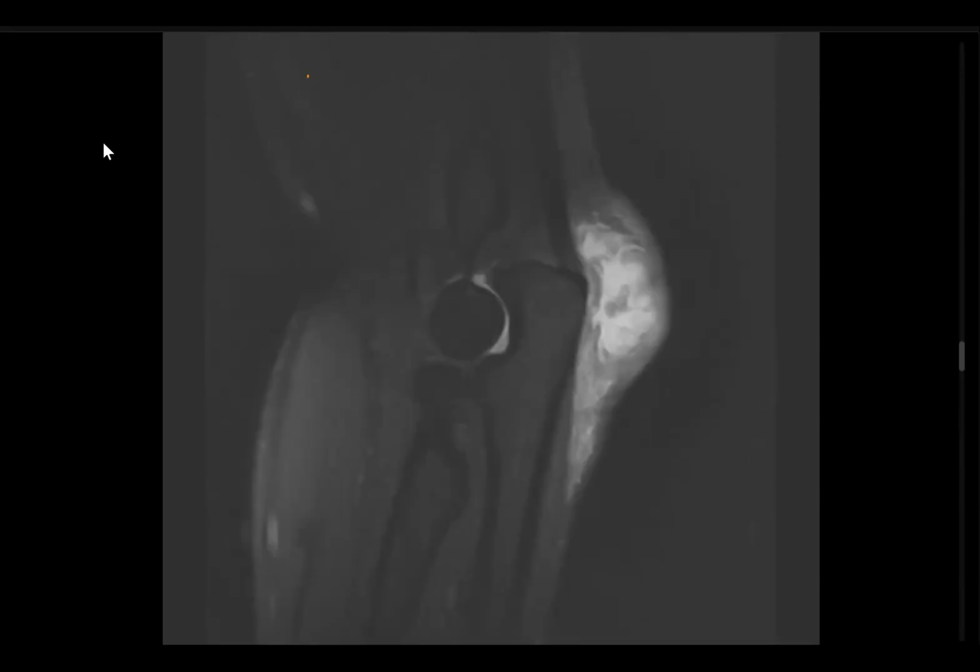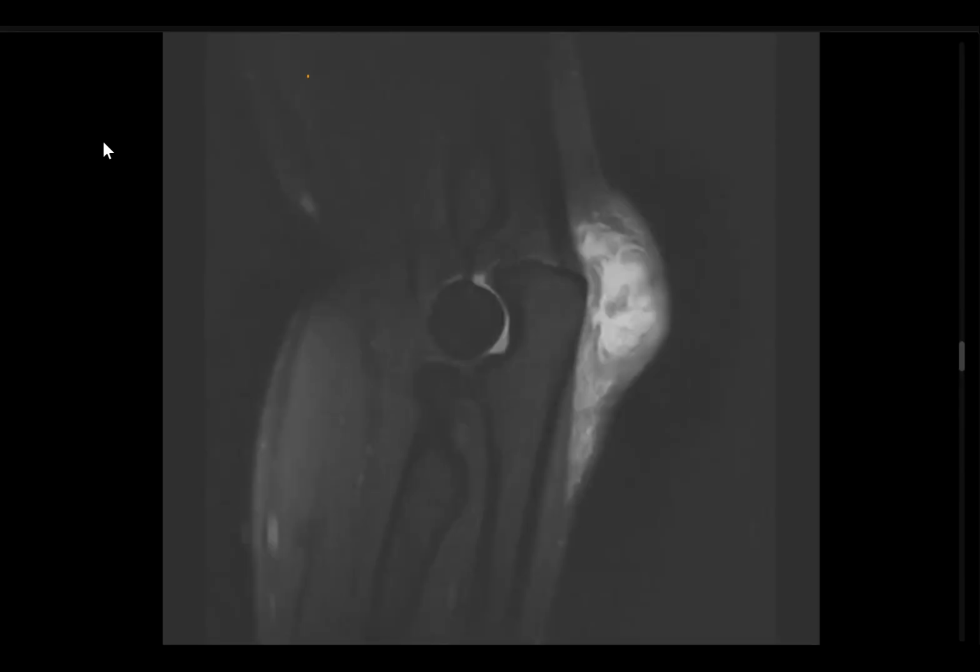So it is some benign etiology, but I would like to correlate with the patient's clinical history. If there is any history of trauma, for example, it can be hematoma.